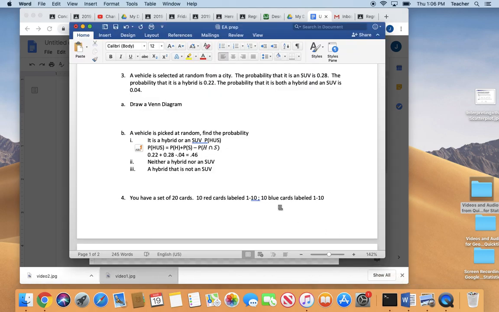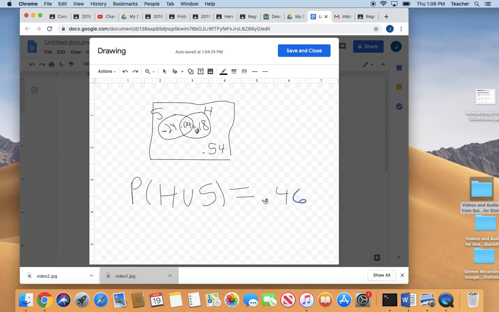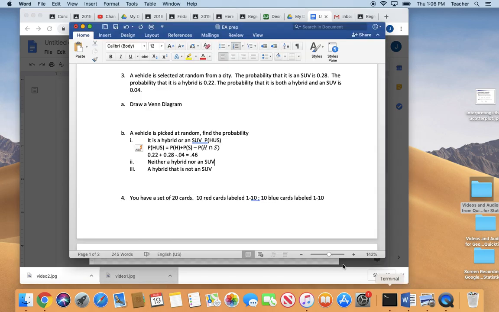Okay. So the next one says that is neither a hybrid nor an SUV. So you look at your Venn diagram, it's not either one. So it's not inside the circle of hybrid, it's not going to be anything that's inside the circle of an SUV, so that probability will be 0.54 based on my Venn diagram.